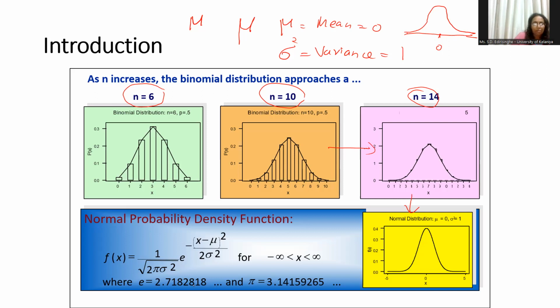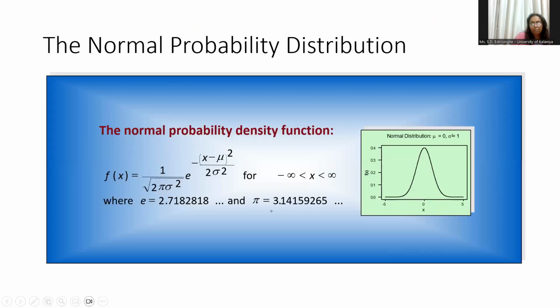There are some mathematical constants also here. That is e equals 2.718 and pi equals 3.141592965. Okay, right. You can apply these equations.